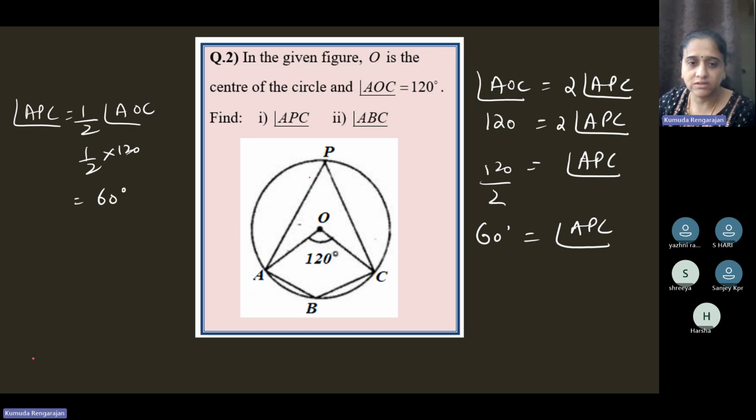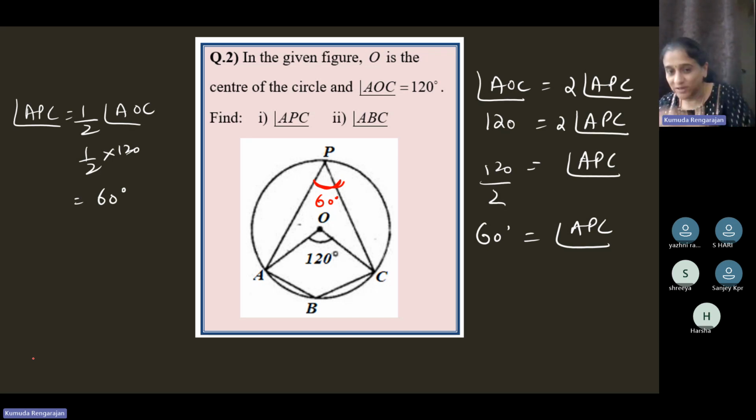Next is ABC. How much is ABC? 240. Calculation error. You're doubling 120, is it? No, it's 120.